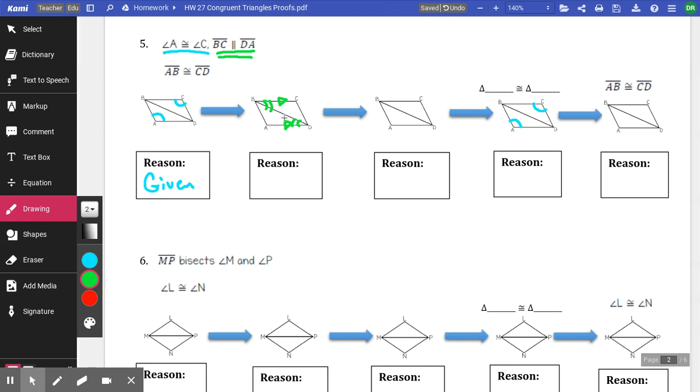And so this is a case of alternate interior angles created by parallel lines. And that way we know they are congruent to each other. So we'll mark it here as well. And that's that reason that says if two lines are parallel, a little more lengthy here, then alternate interior angles are congruent.